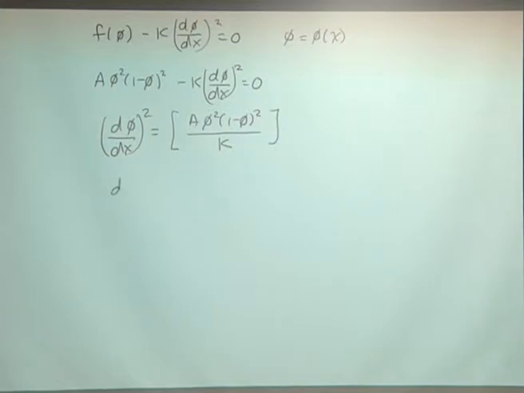So d phi dx is going to be equal to A minus phi. And so if you remember, the Euler-Lagrange equation, when we first derived it, had a term that would look like partial f with respect to phi, right? Minus 2k.